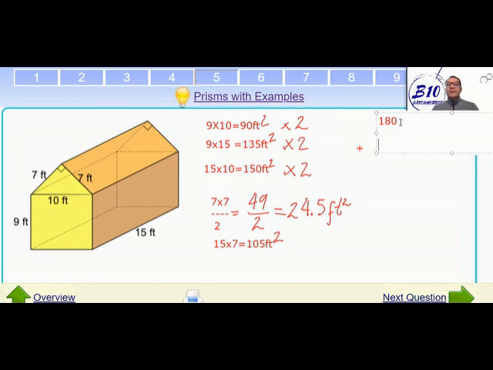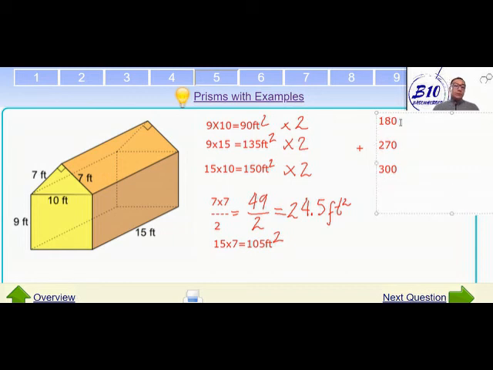How much is 135 times 2? 270. You are on fire. And 150 times 2, which is how much? 300. You said 300. It is correct. Now all of this is a square feet. We don't write the unit because we have to write it at the end.